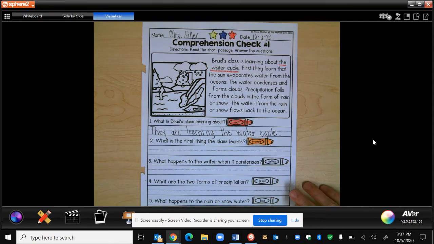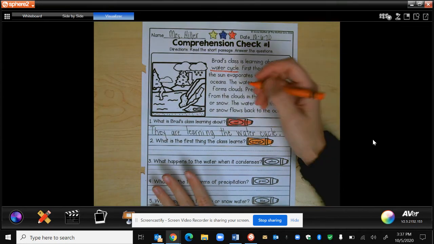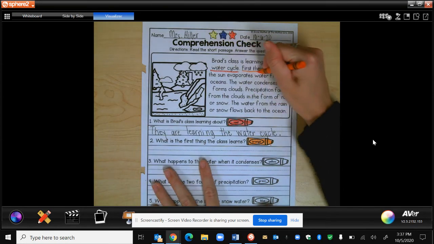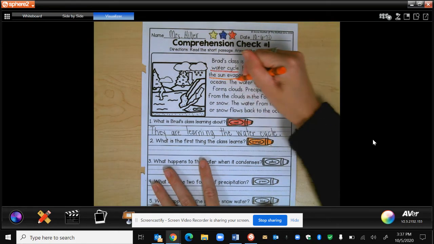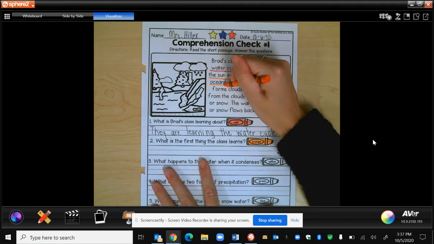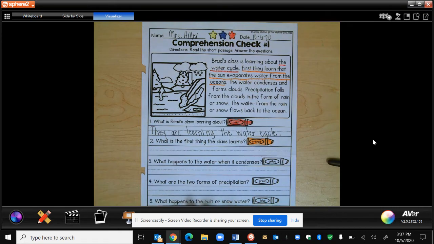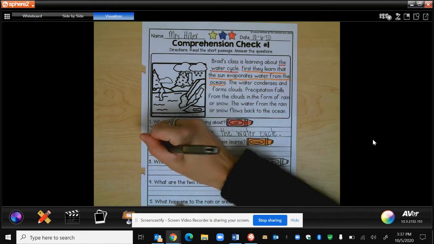Let's go back up in our story. First, they learn that the sun evaporates from the oceans. Oh, evaporates water from the ocean. So, first, we got to fit all that in there. So I'm going to have to write kind of small.